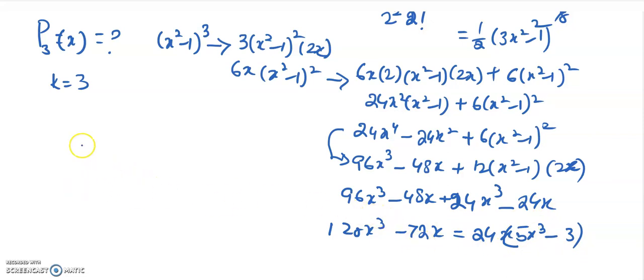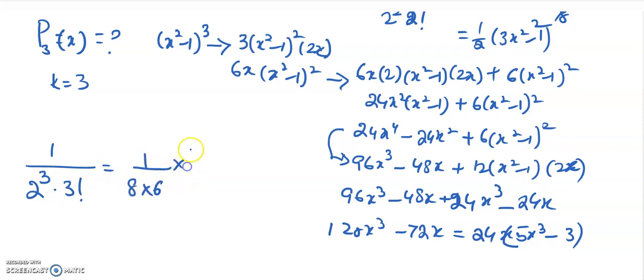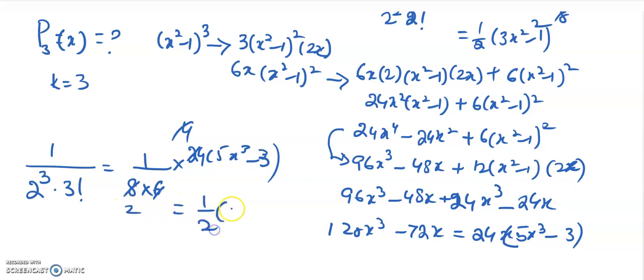The outer term was 1 over 2 to the power 3 times 3 factorial, which is 1 over 48. So 24 over 48 gives 1 by 2, times x(5x squared minus 3). This will be the Legendre polynomial of third order.